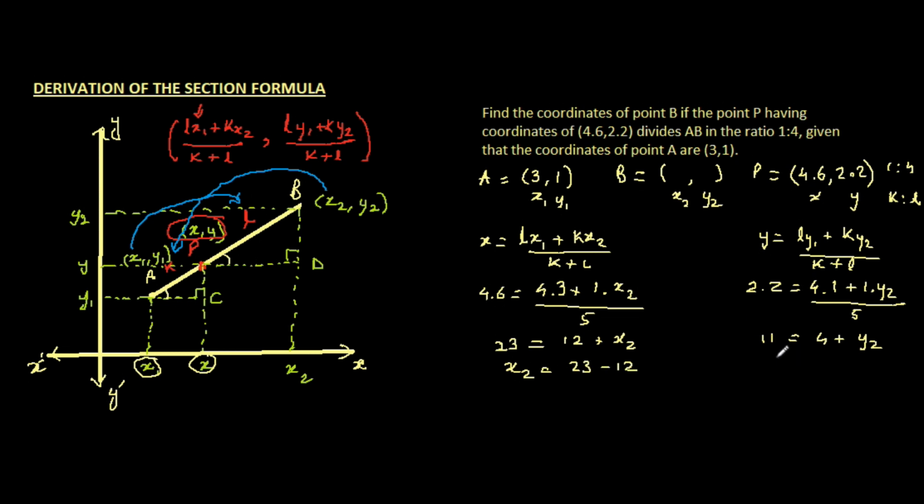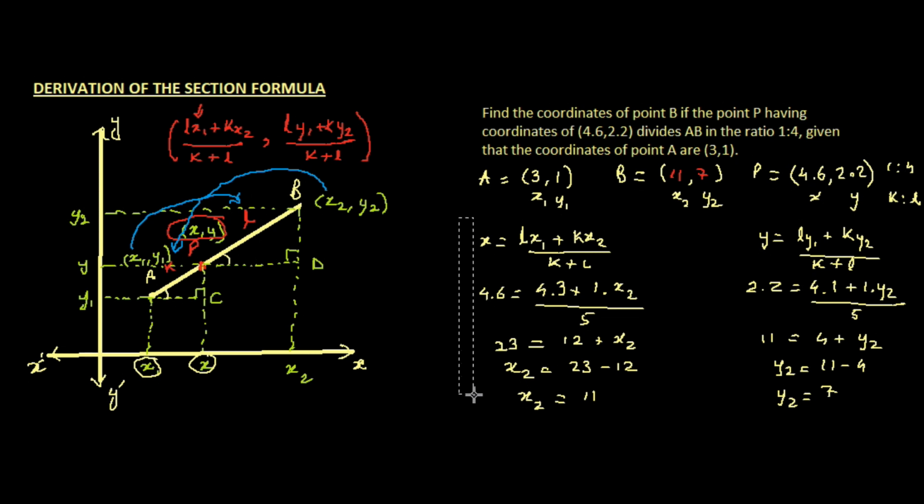So we get y2 is equal to 11 minus 4. Therefore x2 is equal to 11 and y2 is equal to 7. So the coordinates of point B should be 11, 7.